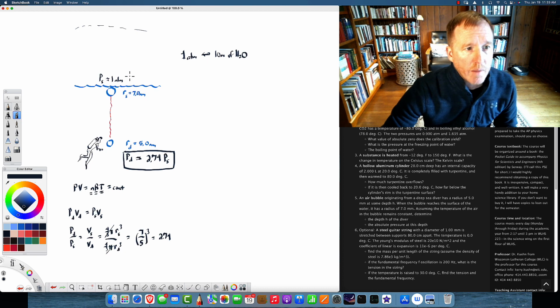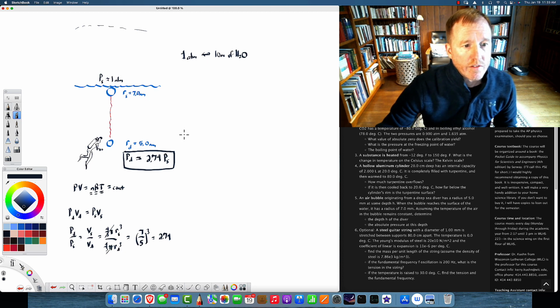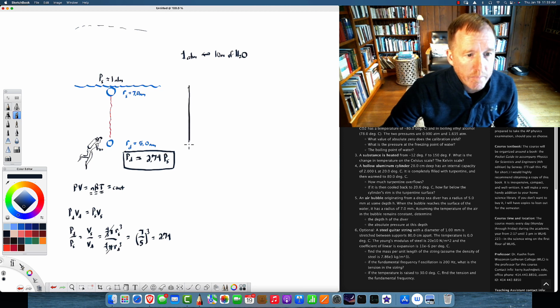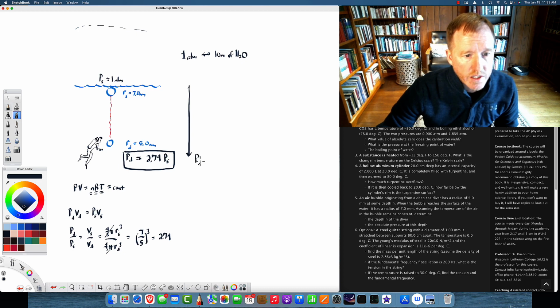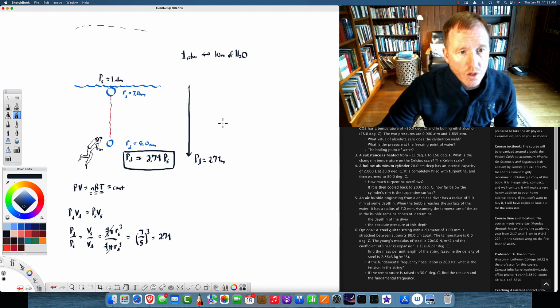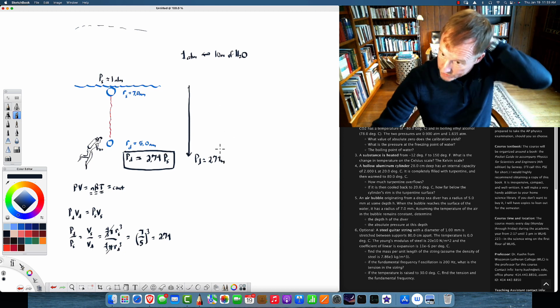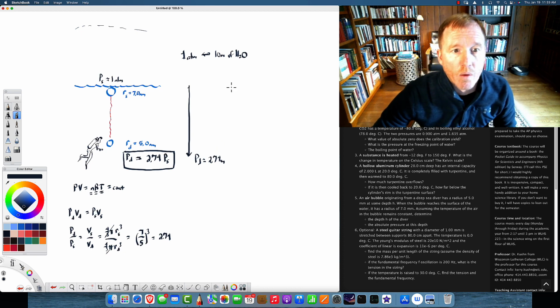So if up here the pressure is 1 atmosphere and down here it's 2.74 times as much, that means the pressure in the deep is about 2.74 atmospheres. So it's gone up by 1.74 atmospheres.